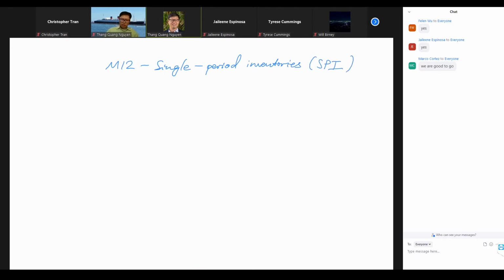So why do we have to talk about this? Because in the past, we have to deal with the so-called news vendor problem. In the past, that's an old technology. People write newspapers, the actual newspapers, right?